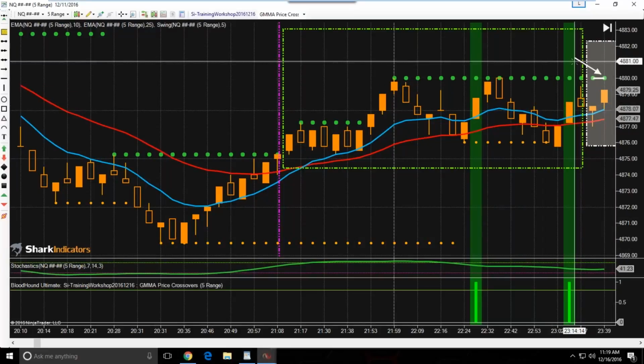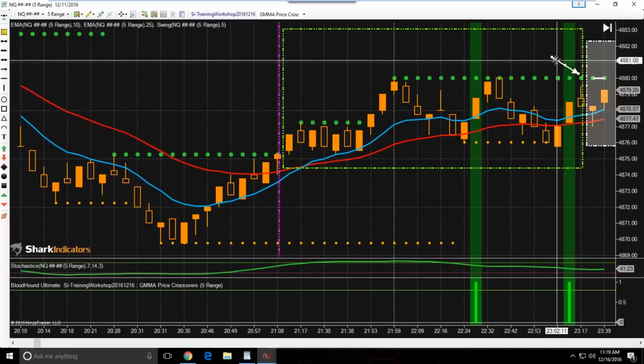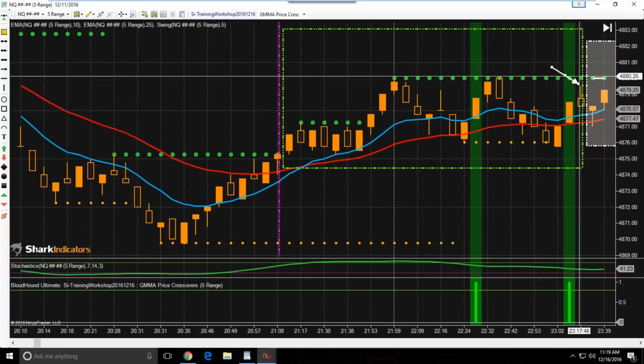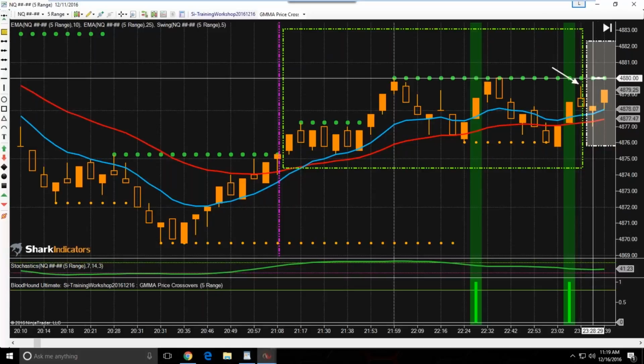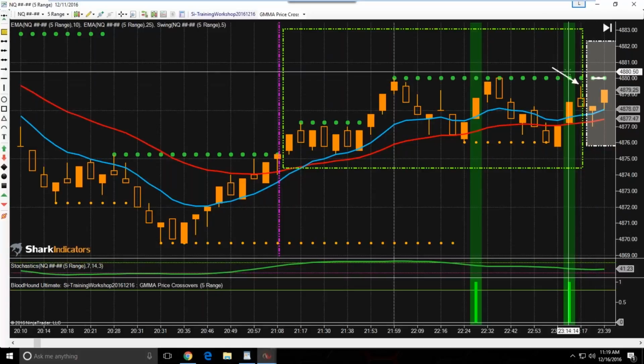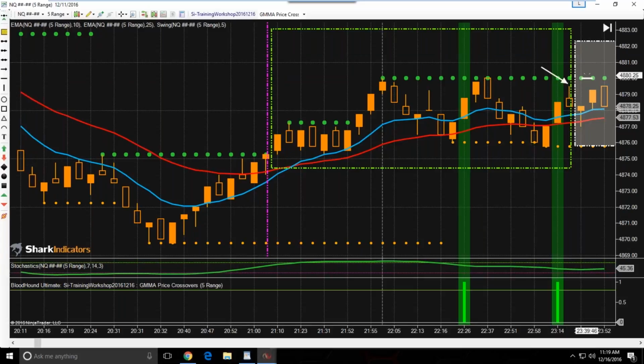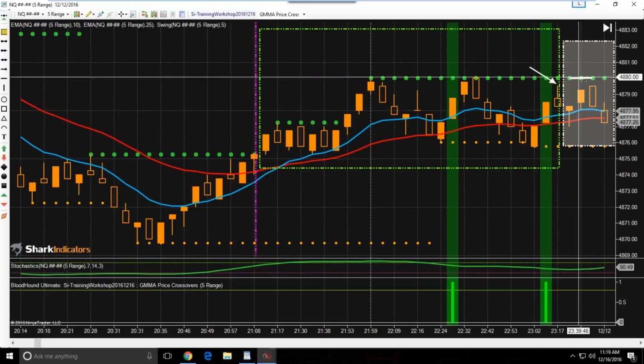All right, and so remember, this is the swing high, but we can see that the indicator is still drawing this swing high. So let's step forward 1 more. So I'm going to modify my line there. Step forward again.